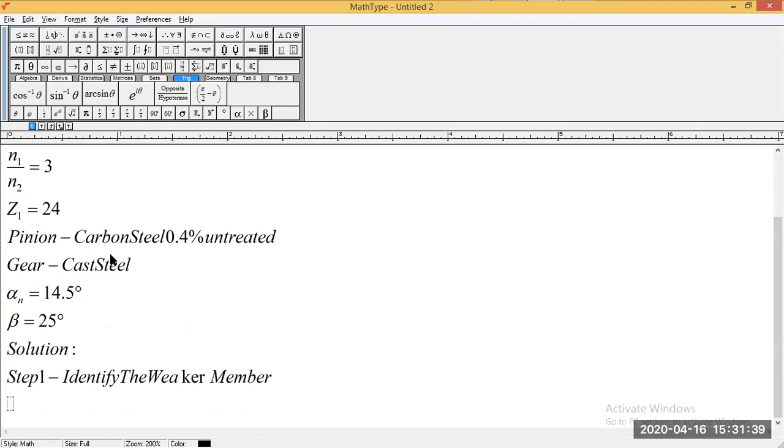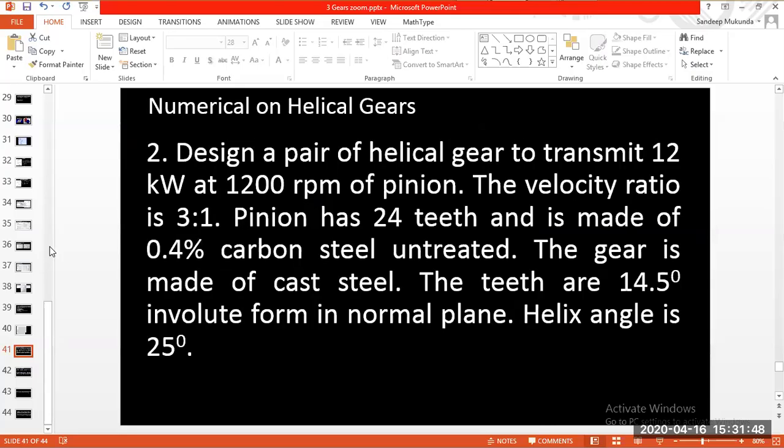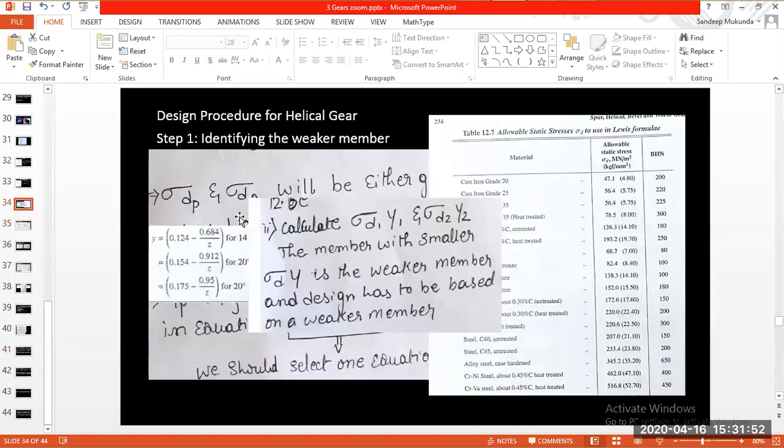If the allowable stress is the same, in that case we can decide that the pinion is weaker. So let's go back to the presentation and see whether the allowable stress is the same or not.